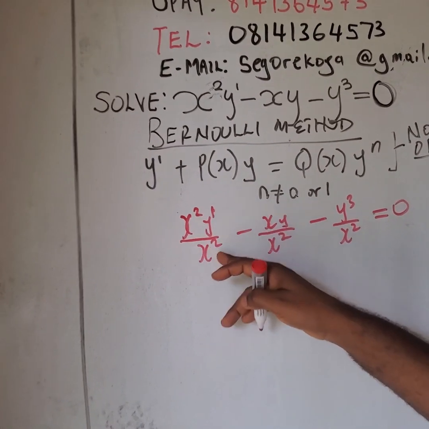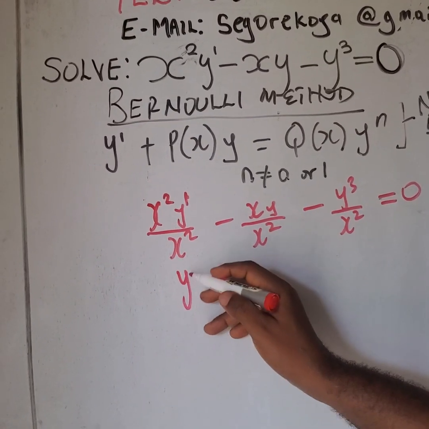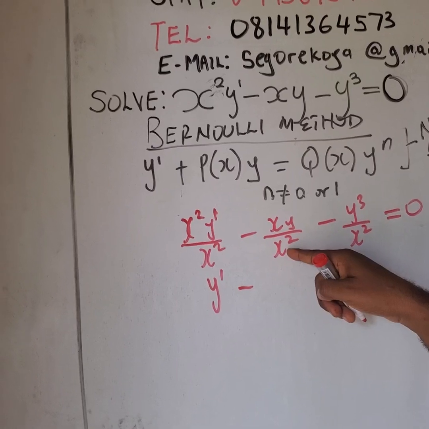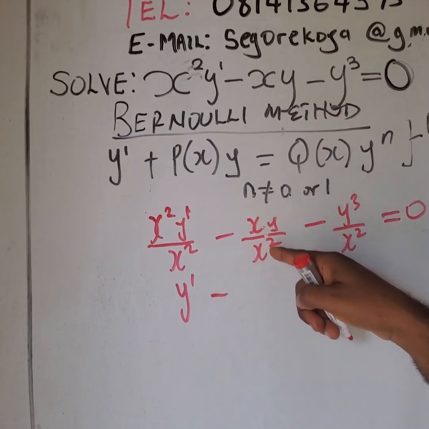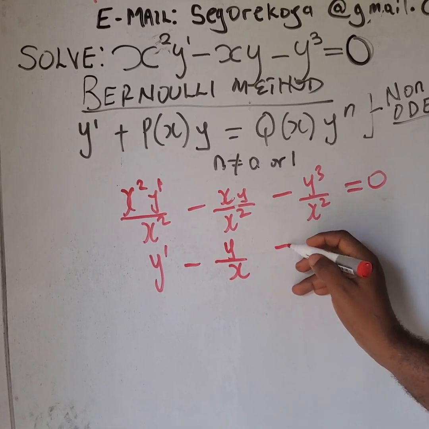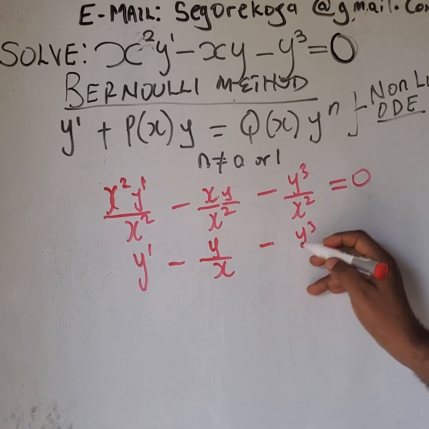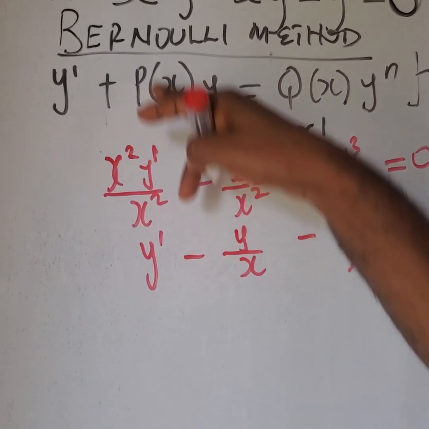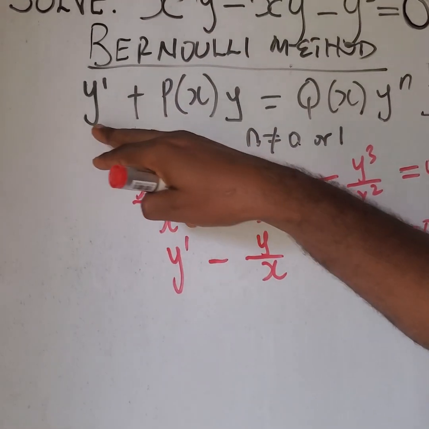Here now, s squared cancels s squared. So we have y prime left. Here we have sy divided by s squared, so one of these s cancels this s. So what we are left with will be y all over x. Then minus y cube divided by s squared is equal to 0. Now we have been able to isolate y prime so that it will look like this.